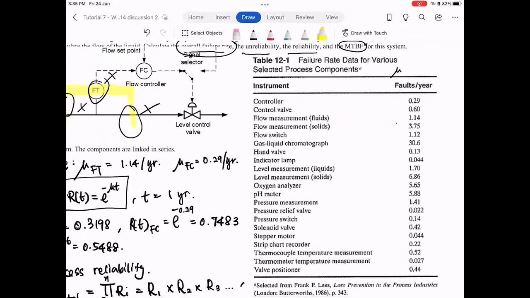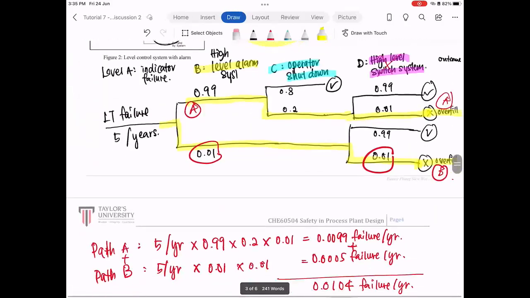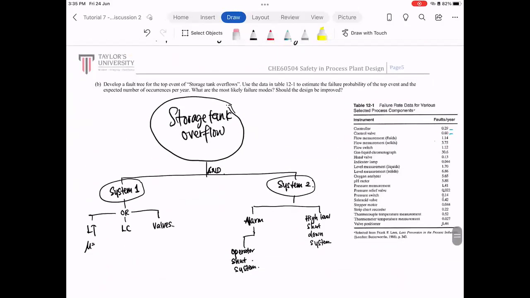Okay, just now we have flow measurements, again fluid, control valve, and also controller, on system 1. So we have 0.29, 0.6, 1.14. So help me to remember. Controller mu is 0.6.